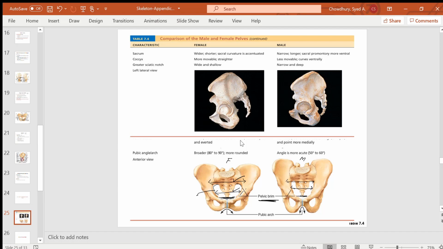Also, if you see the sacrum here, this is the sacrum. The sacrum is directed more posteriorly in the female. This is female, this is male. So you see, the female sacrum is more outwards or backwards, and the male sacrum is more inwards.